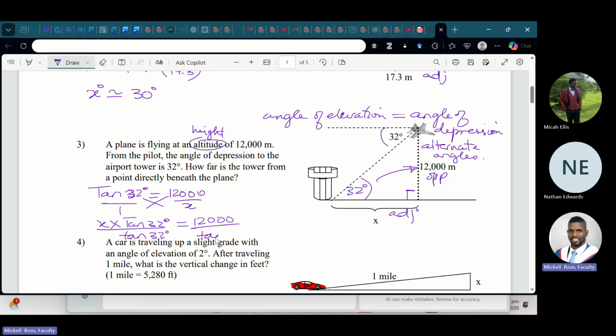So x is equal to 12,000 divided by tan 32, which gives us 19,204.01 meters. So that is how far the plane is from the tower on the horizontal ground. This is the distance on the ground that the plane is from the tower.